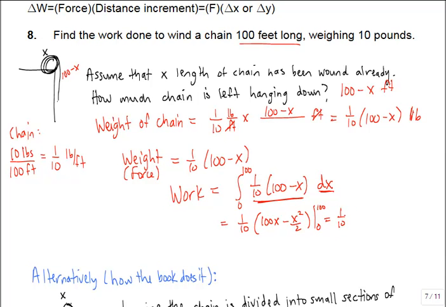When I plug in 100, I'm going to get 100 squared, or 10,000. And then I'm going to get 100 squared again, divided by 2. And when you punch that in, you get 500. My units here, I've got pounds and feet going on, so this is going to be 500 foot-pounds of work.